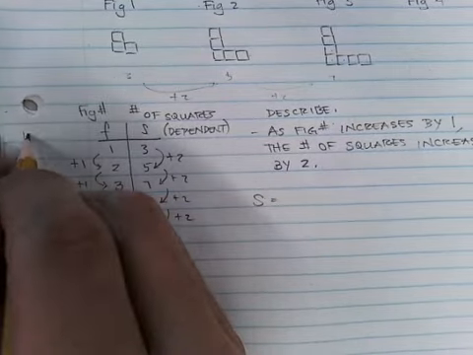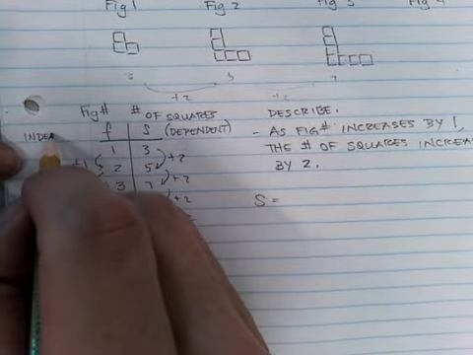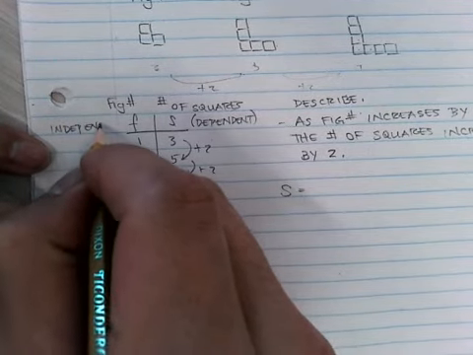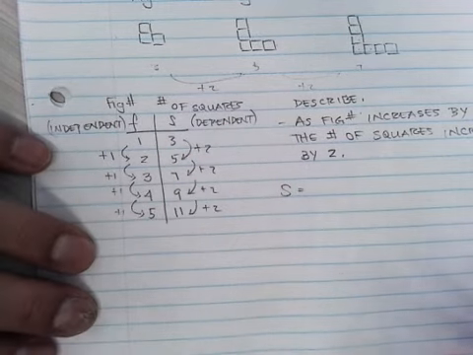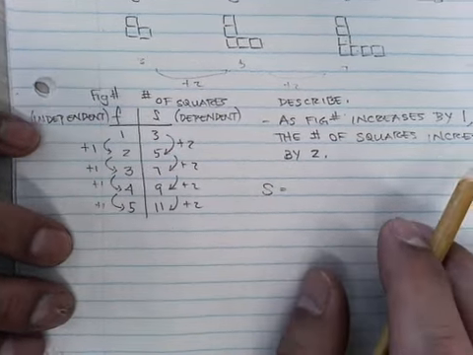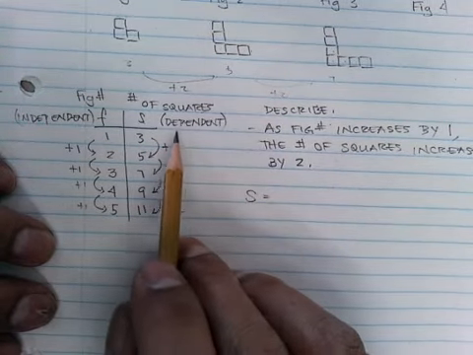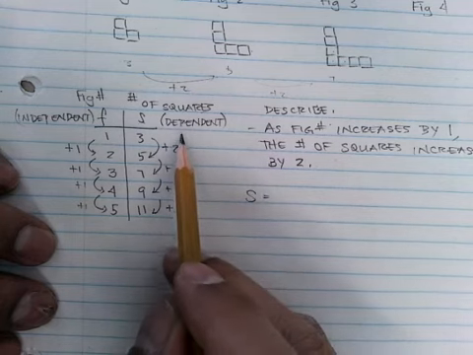And the figure number is the independent variable because it acts independent of the other variable. It's independent of what's happening with the number of squares. Another way to explain dependent and independent variable in this case is, if somebody asks you how many squares do we have here, the answer would have to be, that depends.